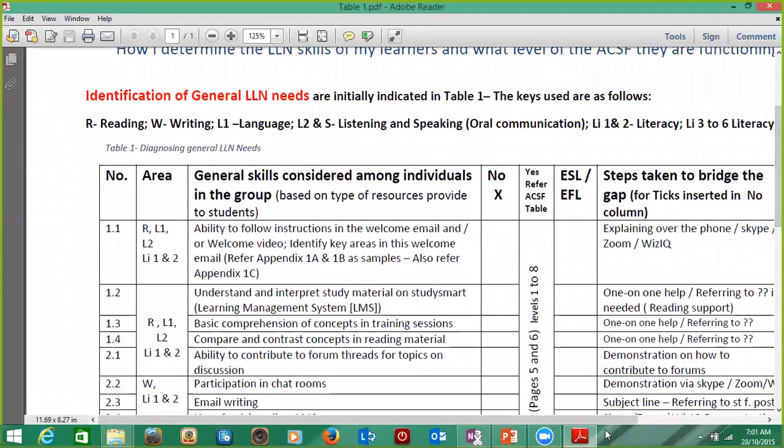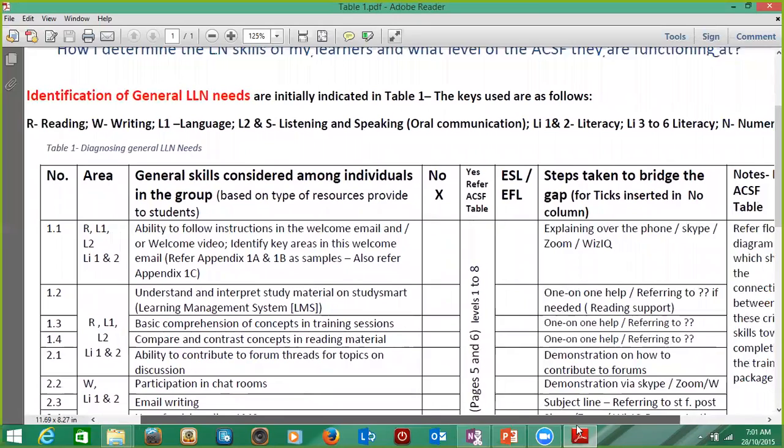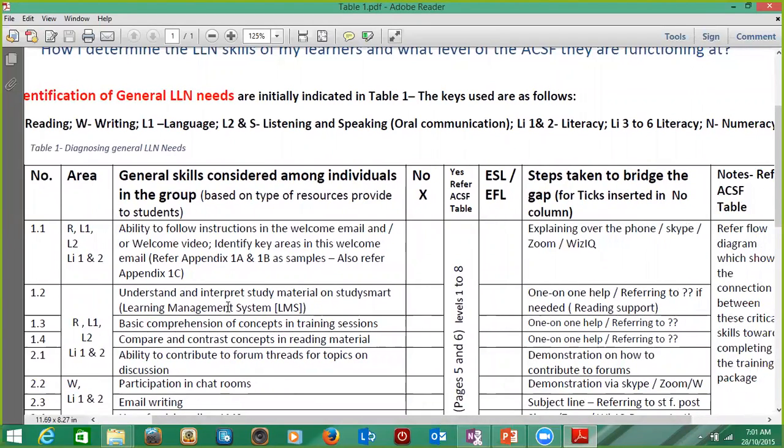In fact, this was set last March, but updated in October. In my table, I have considered the area, that is which specific area, and then the general skills are grouped into the activities I perform.